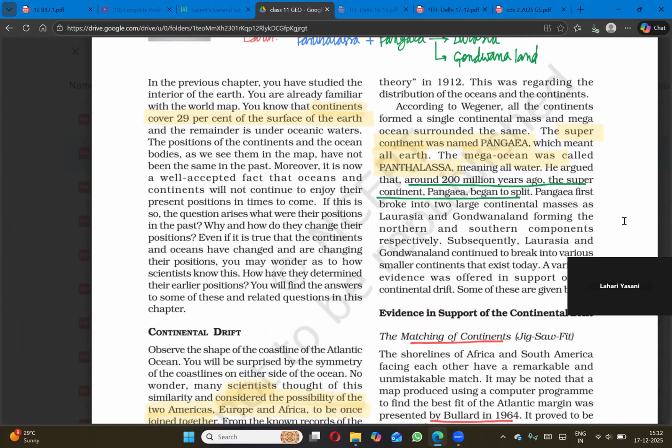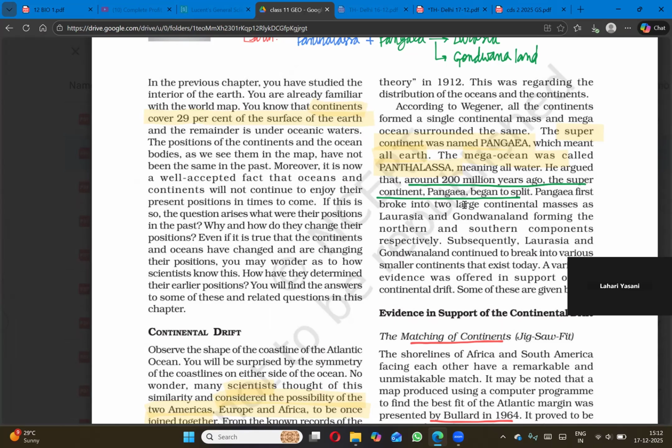He said that around 200 million years ago, the supercontinent Pangaea began to split.